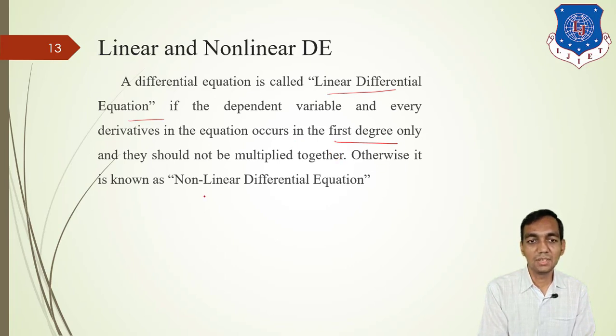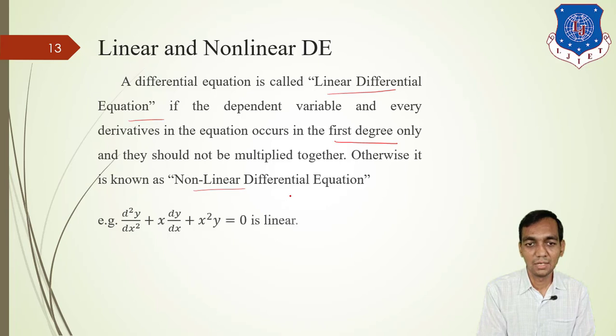Otherwise it is called non-linear. That means each variable and each derivative has a single degree, then only it is called linear. So see, this has degree 1, this has degree 1, this has degree 1, this has degree 1, this has degree 1, so this is linear.